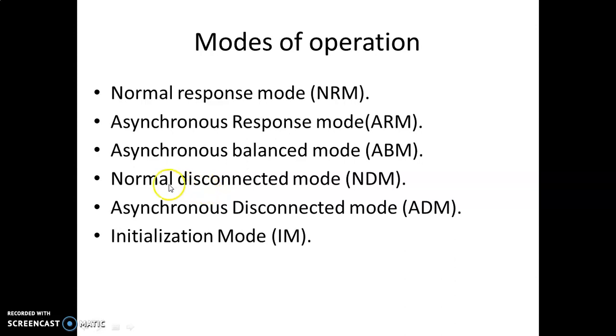Your last 3 modes, that is normal disconnected mode, asynchronous disconnected mode, and initialization mode, refer to the status before and after the data transfer phase. So if you are asked a separate question to explain the modes which are used during data transfer, then you have to write these first 3. If asked about states before and after data transfer, then you have to discuss the last 3. So good till here.